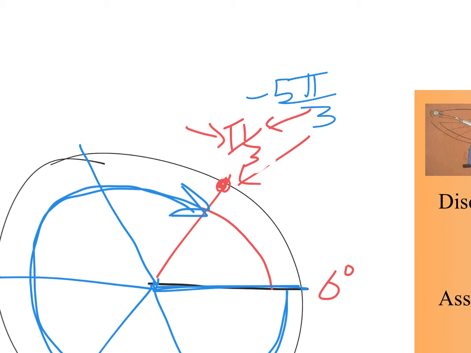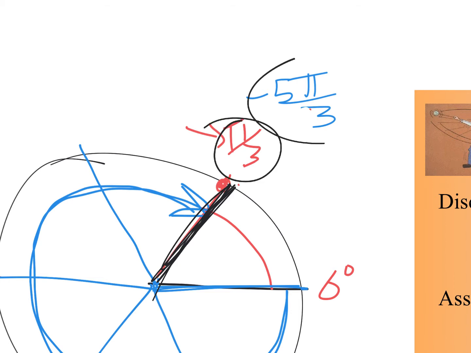So negative 5 pi over 3 and pi over 3 are the same. I don't want to say they're the same because they're obviously not the same. One of them's negative, one's positive, but they share the same spot and they get you to the same place. The ending spot, either way, is this line right here. So those two angles are called coterminal to each other.